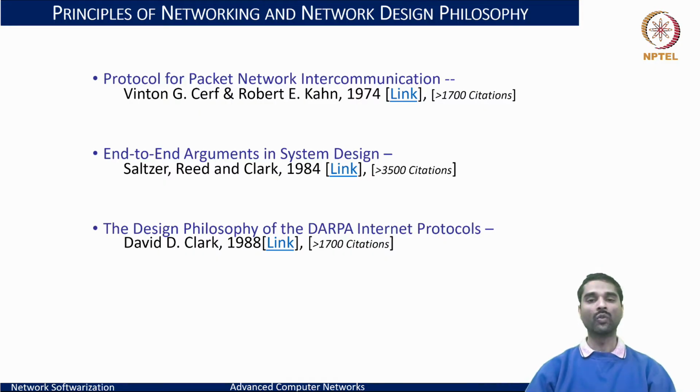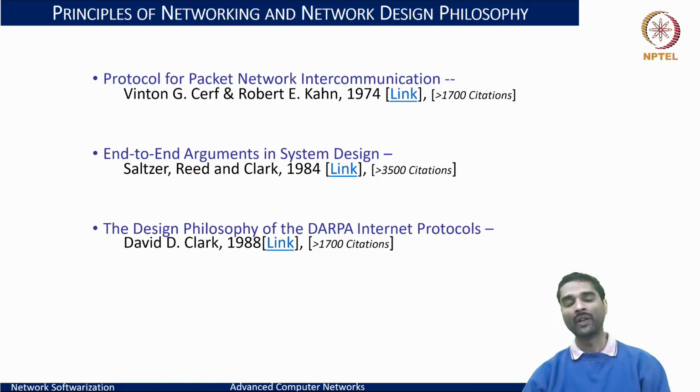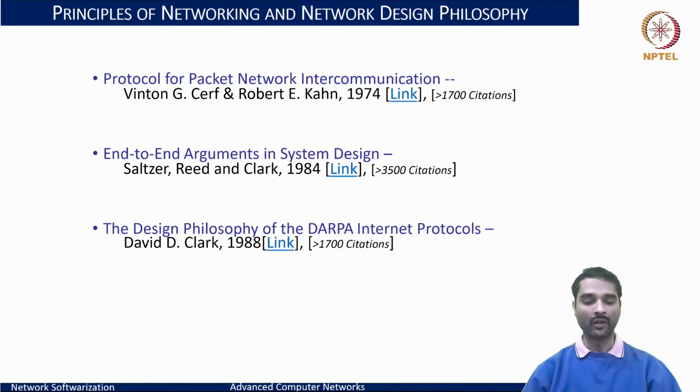And the other core work by David Clark, in terms of the design philosophy of the DARPA Internet protocols, is more a reflection as well as a set of suggestions of how the Internet protocols have to be. And this work fundamentally put forward a lot of objectives for the Internet protocols.